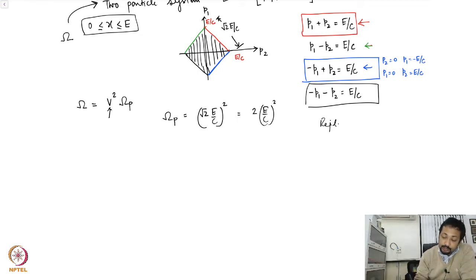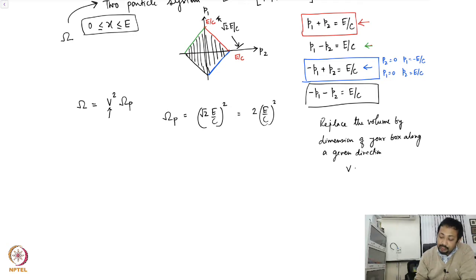So you replace the volume by the dimension of your box along a given direction. So here V goes to L, and for these two particles this quantity now reduces to L squared omega P, where omega P is given by 2 times (E by c) whole squared.